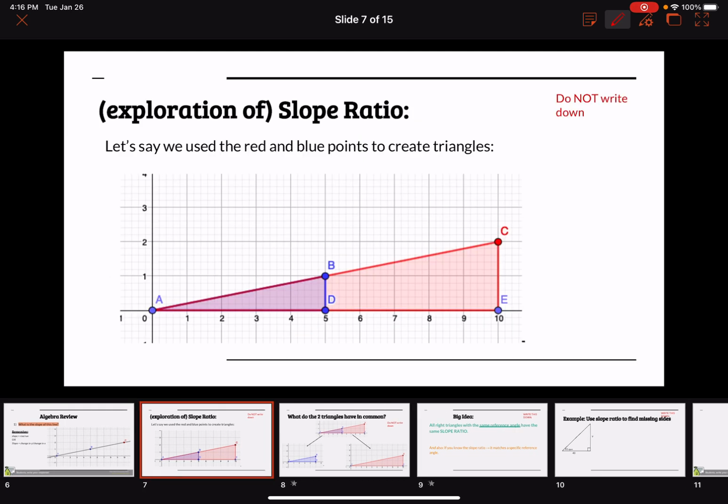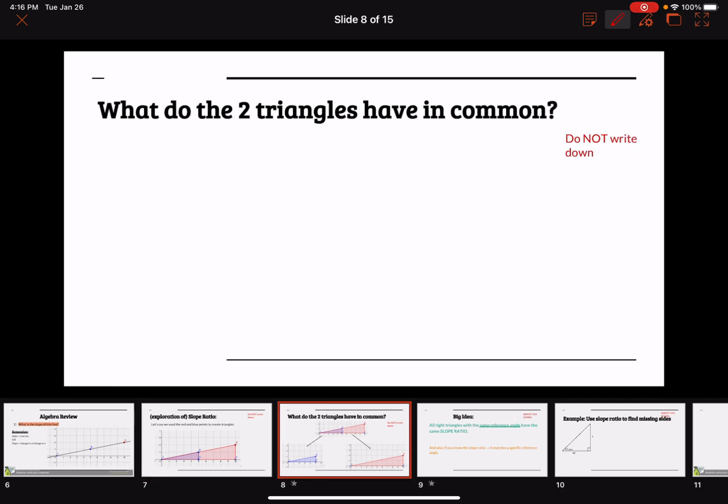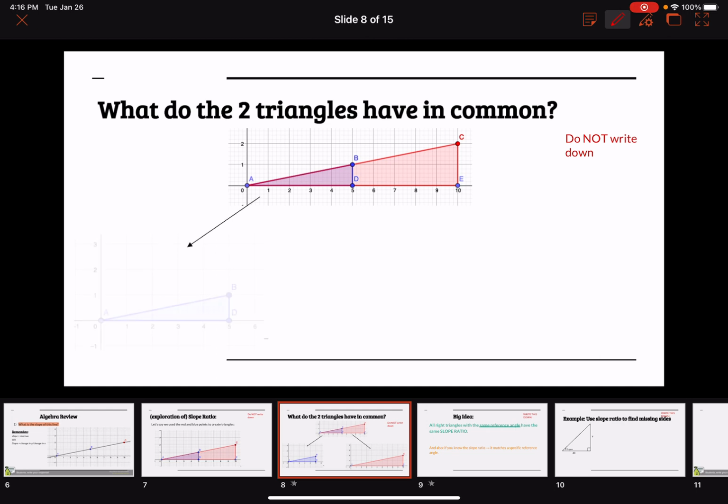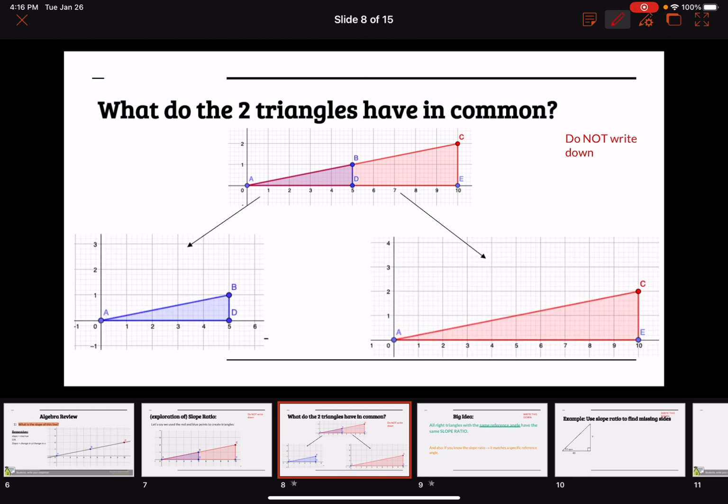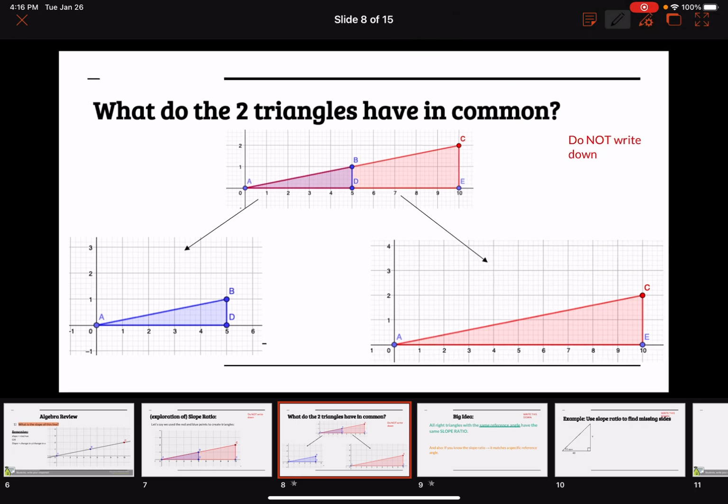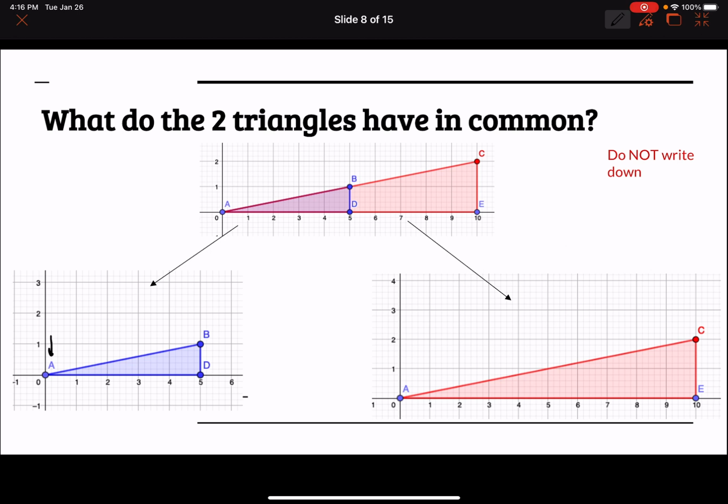So if we have these two triangles on the same line, we can look at what they have in common. So we start overlapping, then we get the blue triangle and the red triangle. They both have angle A in the triangles, and this we know is 11 degrees because we measured it.